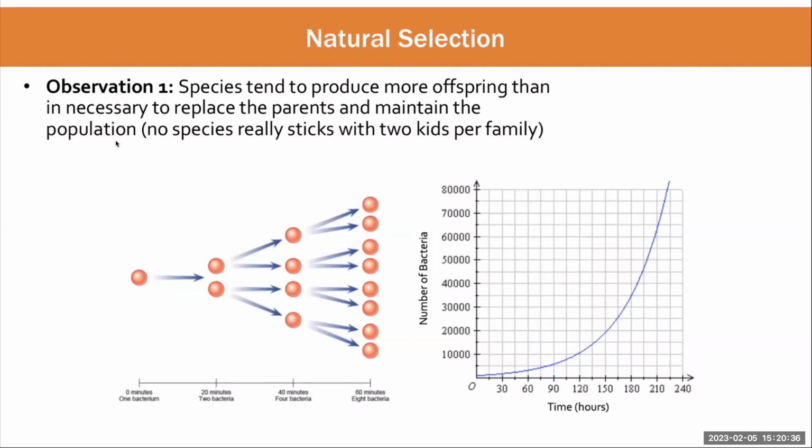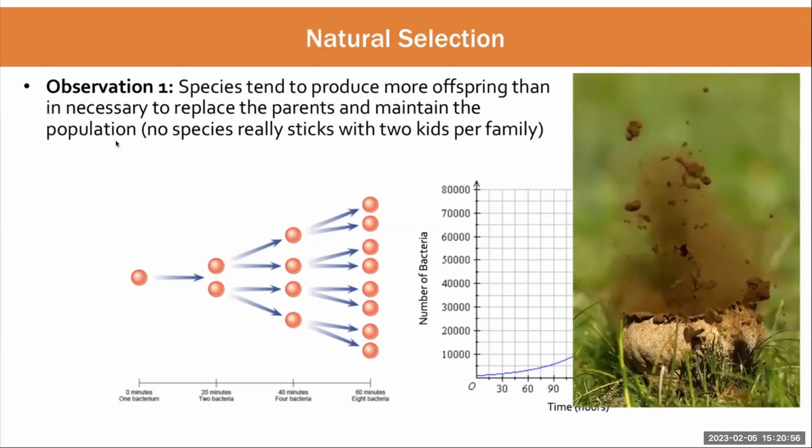In populations like bacteria, seen here, they grow very rapidly, doubling their population size in very short time intervals. You might recognize this graph from previous discussions as an example of exponential growth. Of course, it's not just bacteria. We could look at mushrooms like this one that produce thousands and thousands of spores, but we're not being taken over by mushrooms.